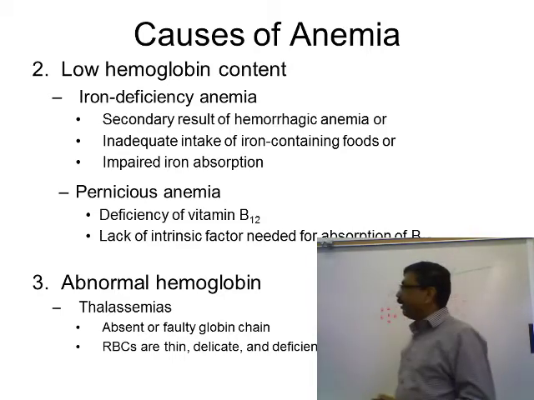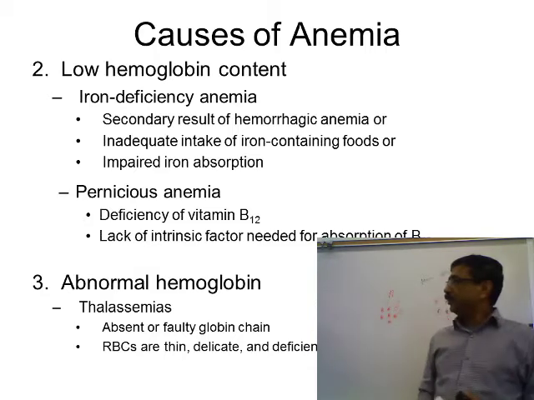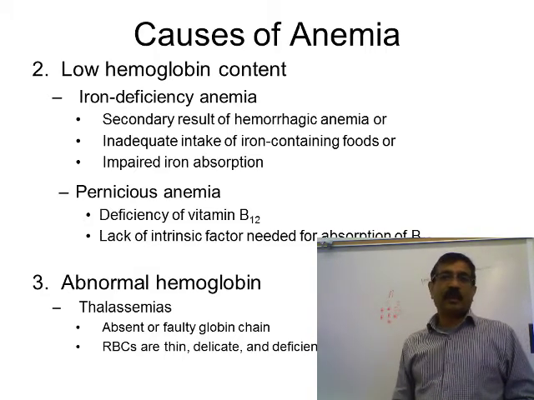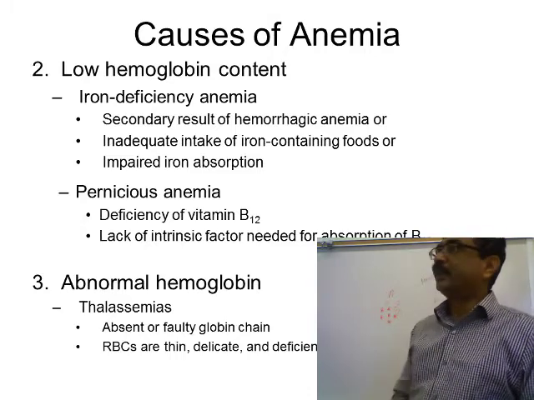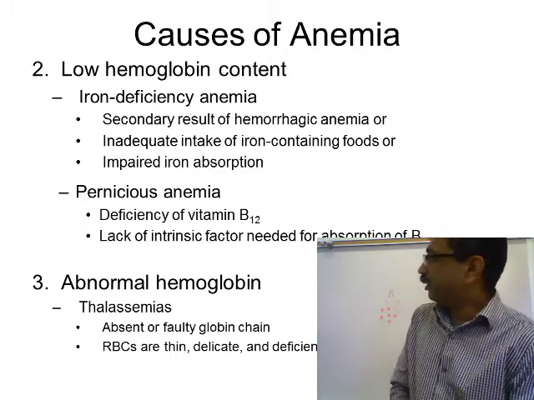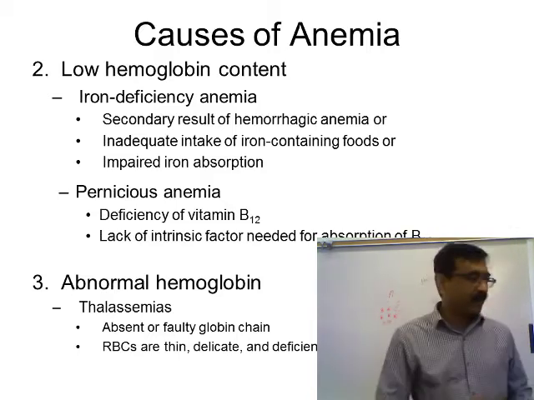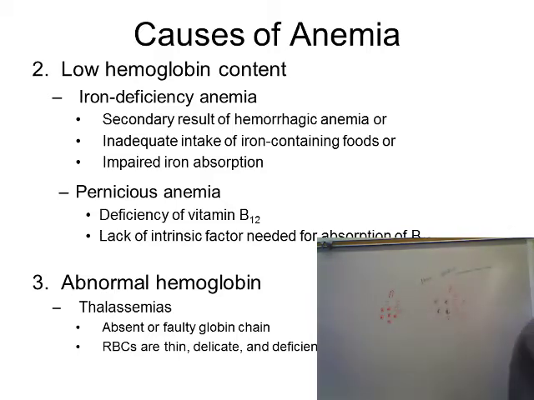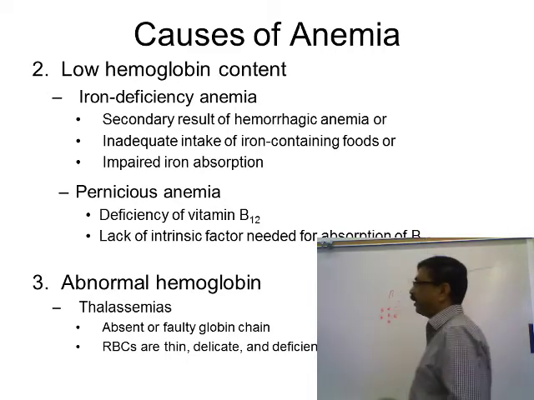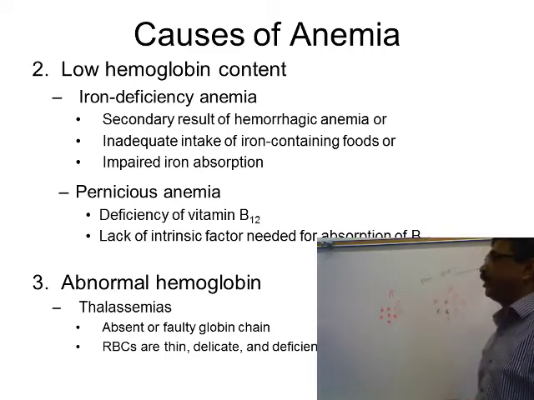Sickle cell anemia occurs due to an abnormal chain in the globin. In one location, you see the globin chain has amino acids, valine, histidine, leucine, threonine. So all those are amino acids.